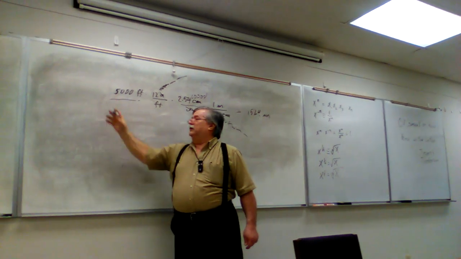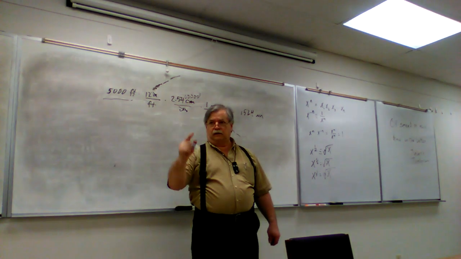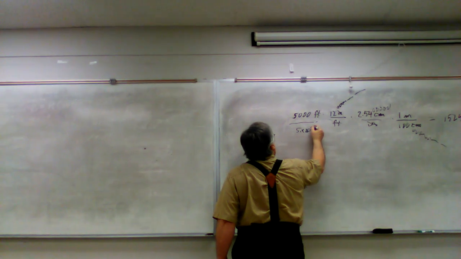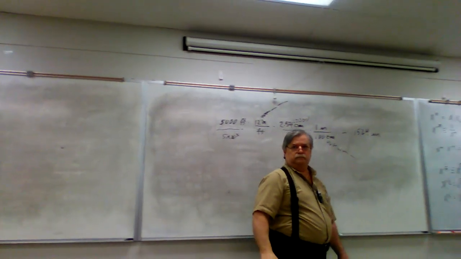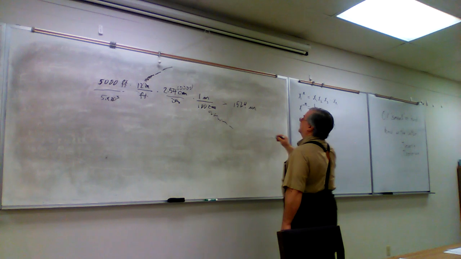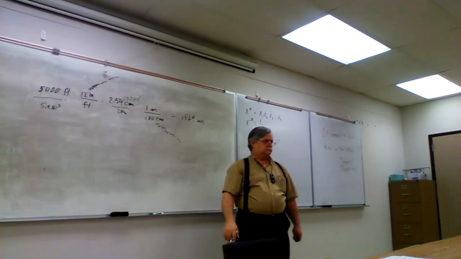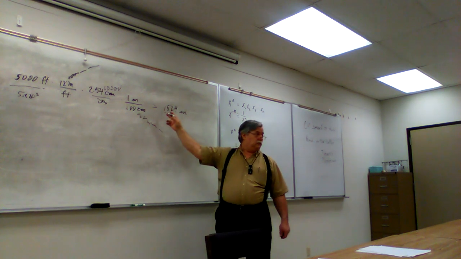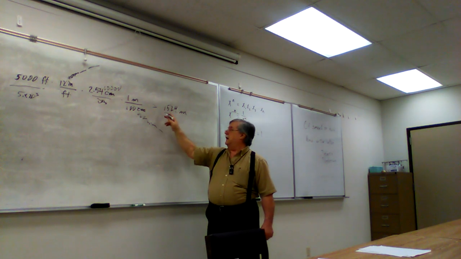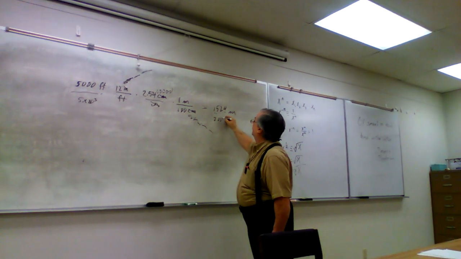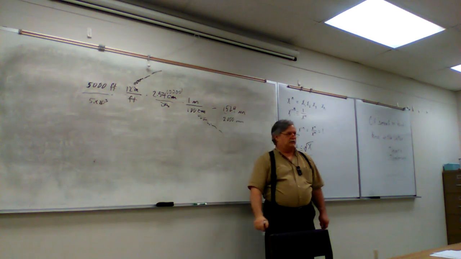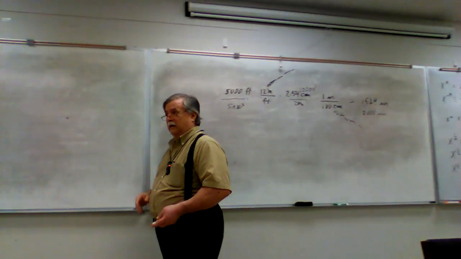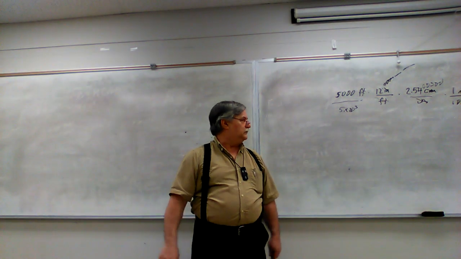How many significant digits do we have here? Just 1. Because this would be written 5 times 10 to the 3. So what would our answer here be? It could either be 1,000 or, more accurately, this would round to 2,000. So our 5,000 feet, measured at 5,000 feet, would be 2,000 meters.